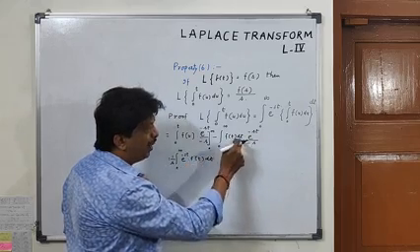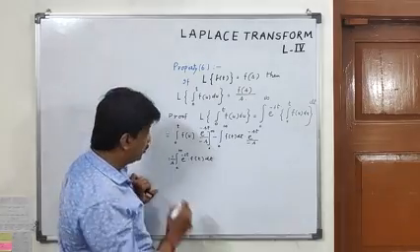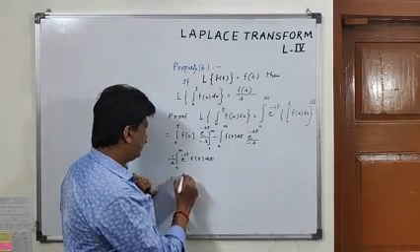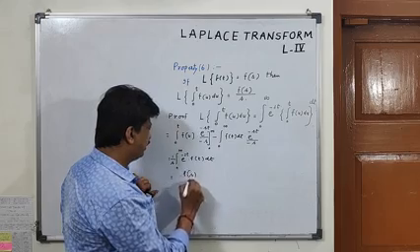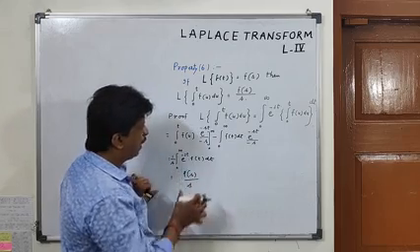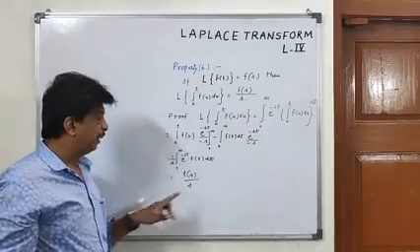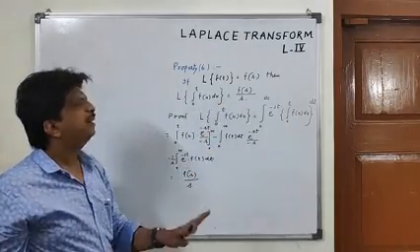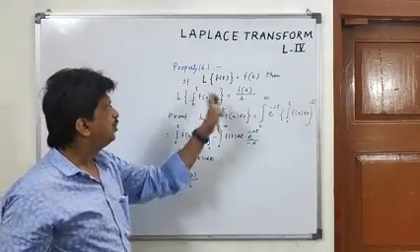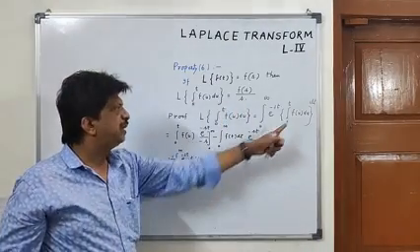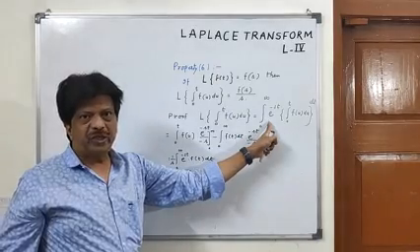This s is independent of t, it is constant. So it is nothing but F of s by s. This is Laplace transform of f of t. So that is illustrated simply by integrating these two functions, choosing this as first and exponential as the second one.